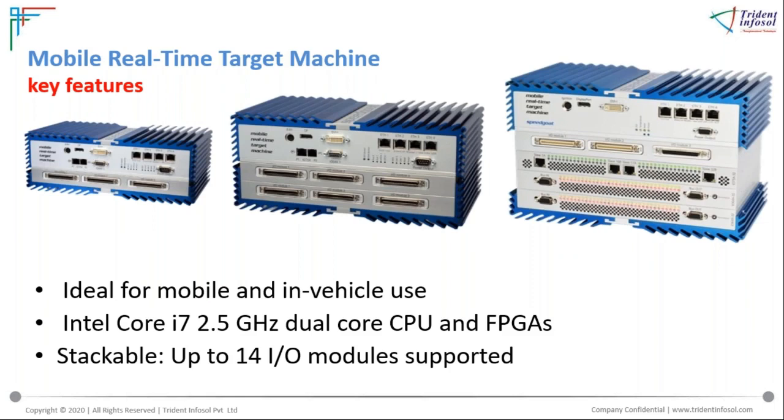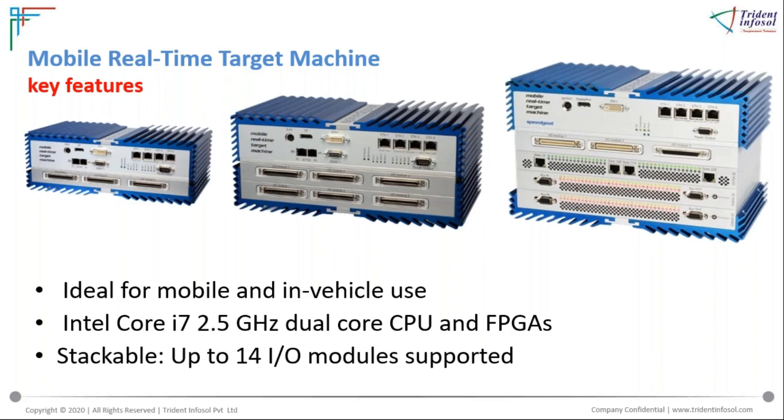The third type is the Mobile real-time target machine. If you wish to take your target machines for vehicle testing or on-field testing, then the ideal one is the Mobile real-time machine. It offers an Intel Core i7 CPU as well as FPGA cards.